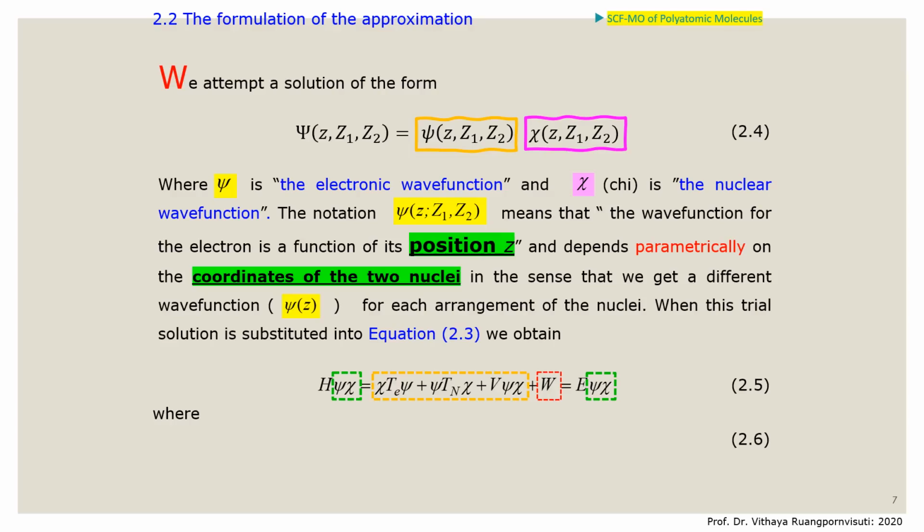The psi symbol of the first term is a function of small z, the position of the electron, and the positions of the nuclei Z1 and Z2.